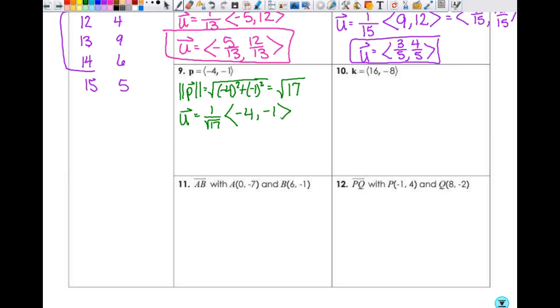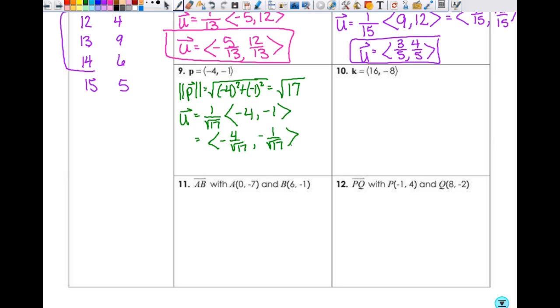Right, so you've got a couple of options here. You could rationalize now and then multiply, or you could multiply and then rationalize. I was trying to figure out which might make the most sense to you. It really doesn't matter either way, and it's really not even going to be that ugly. So I'm going to multiply first and get -4 over the square root of 17, and then -1 over the square root of 17.